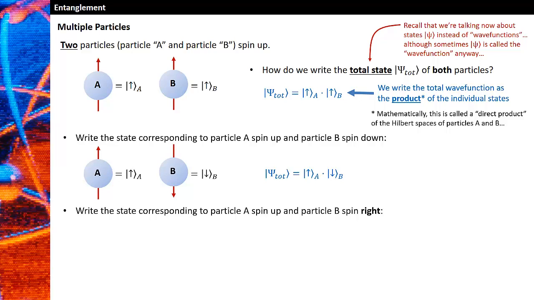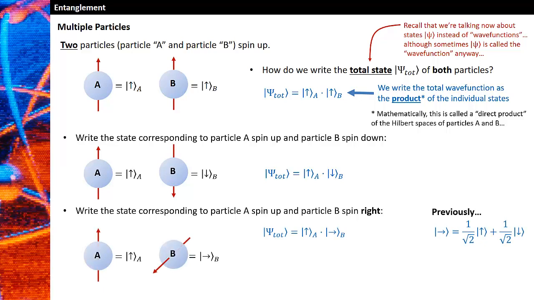How about the state corresponding to particle A spin up and particle B spin right? So now it doesn't have a spin in the same direction. Well, we can still do this the same way. We can write particle A as a spin up ket, particle B as a spin right ket, and then the total state is the product of those two. We can write the spin right ket in terms of spin up and spin down for particle B, because we know how this works.